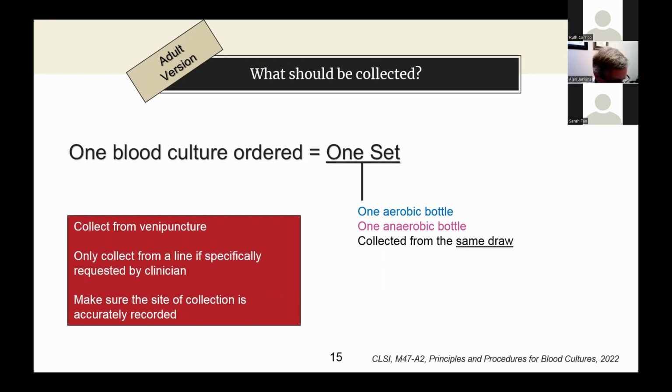And they said, no, we're not. But that's the first thing alphabetically that comes up in Epic when you're ordering the culture, and so they just kind of click through it. So you do want to make sure. It's not going to make any difference to us as far as how we work up a culture. For us, a blood culture is a blood culture. But it can make a lot of difference as far as how it gets interpreted at the other end.